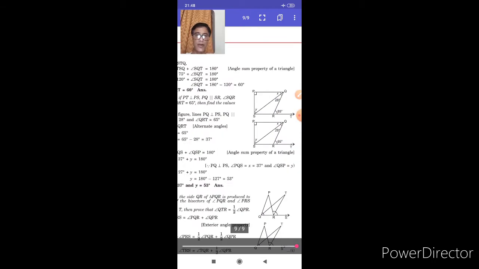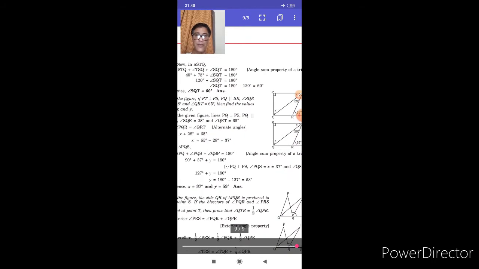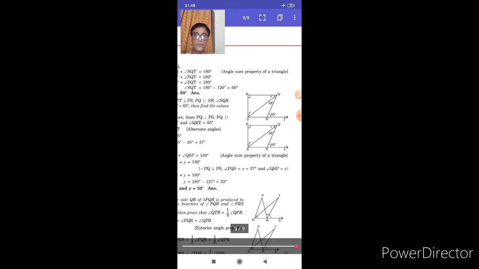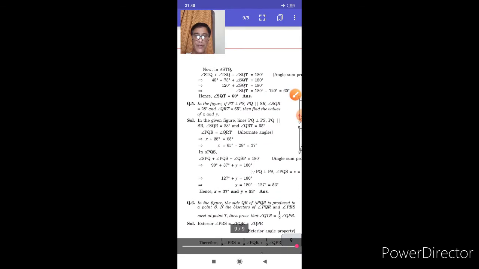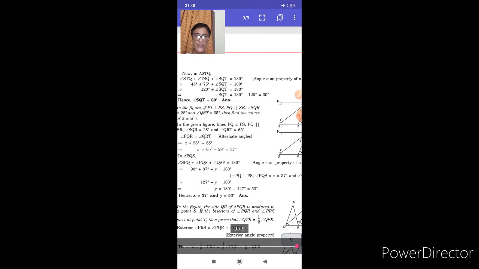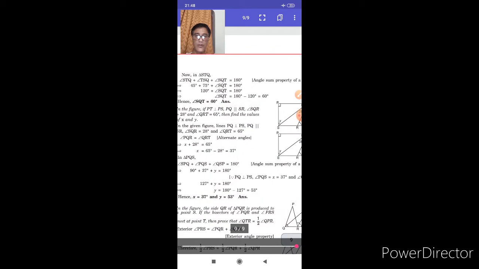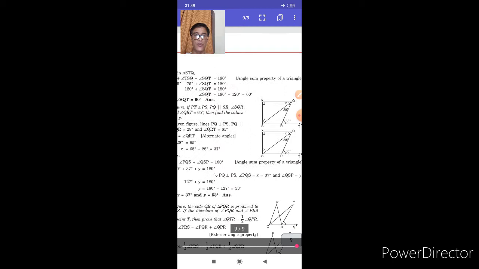Here in question number 5, PT perpendicular to PS, sorry, not PT, it will be PQ.